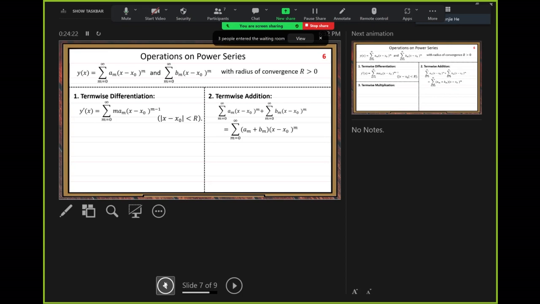Straightforward, and legal; when you do an operation like this, it is correct. Number 3, term-wise multiplication. This one is a little harder. Think about multiplying these two power series.